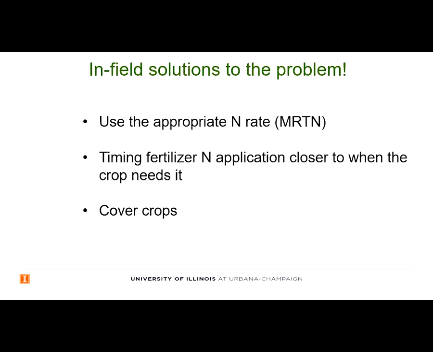Secondly, timing of fertilizer application is important. And so the closer that we can apply to when the crop needs it, the less likely we'll lose nitrate in our tile. And then lastly here, we think cover crops can greatly help us maintain yields but reduce our nitrate loss.